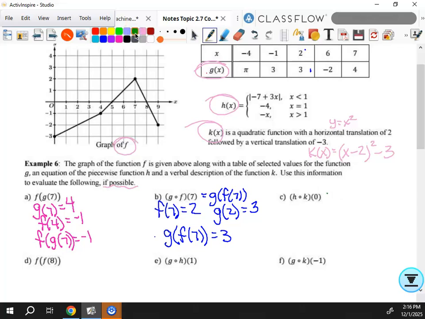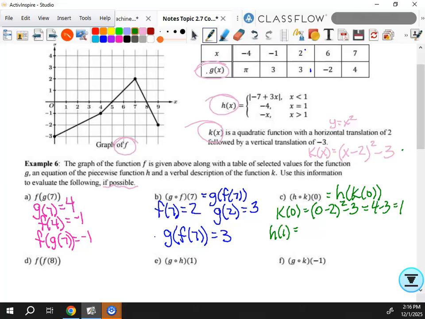Now I'm going to rewrite this as h of k of 0. I need to start with k of 0. I put it in here, so this is going to be 0 minus 2 squared minus 3. What's that going to give me? 1. Good, because that is just 4 minus 3, and that is 1. Then I need h of 1.